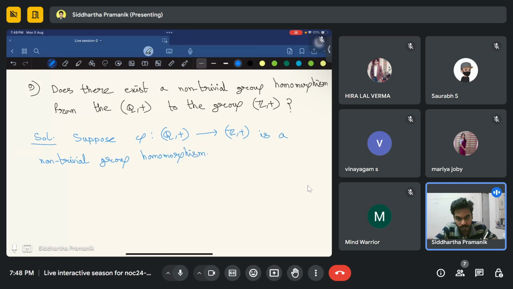What do we mean by trivial group homomorphism?